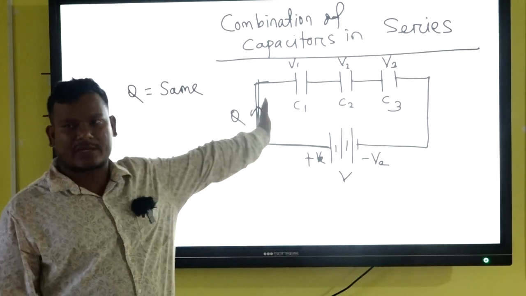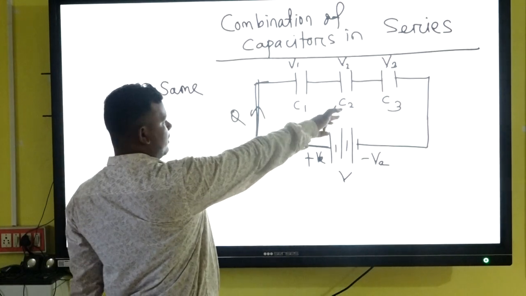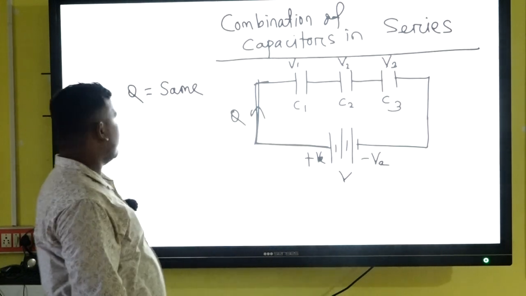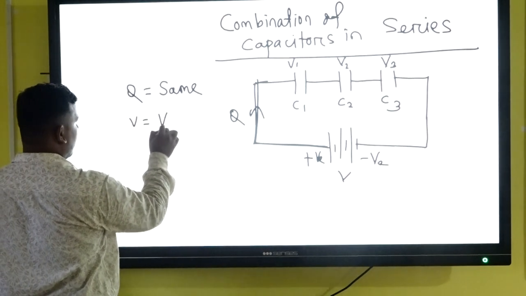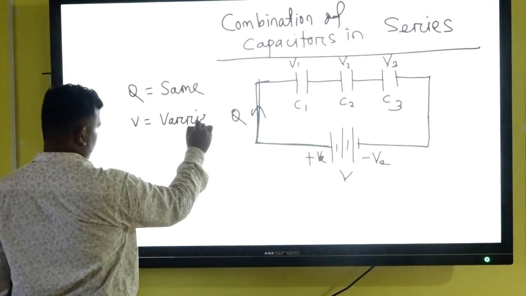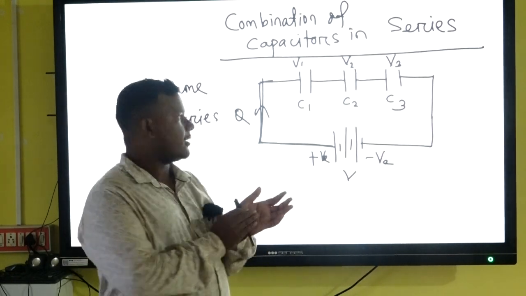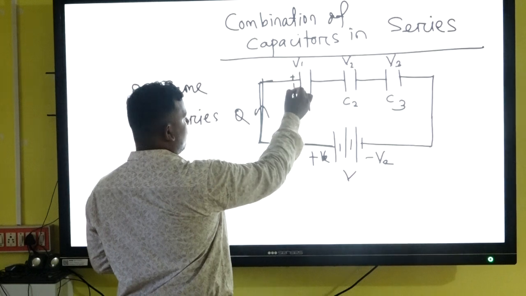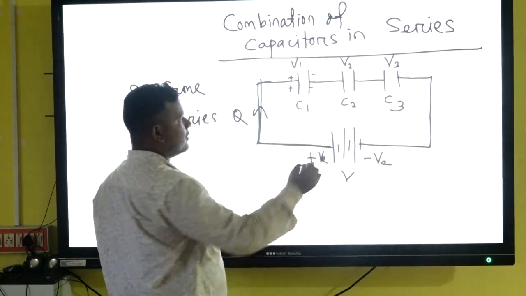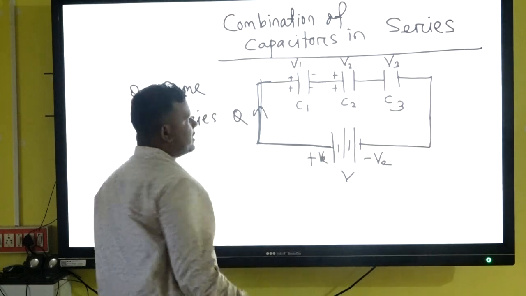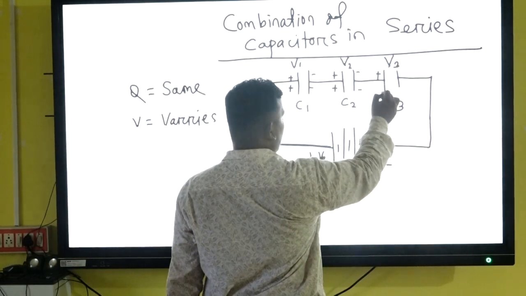In series combination, the circuit is like this. So here are capacitances C1, C2, C3, and the external voltage is V. Here Q is the same, and potential changes. This is the positive terminal of a capacitor, and this is the negative terminal. This is also the positive terminal of a capacitor, and this is also negative; this is plus, this is minus.